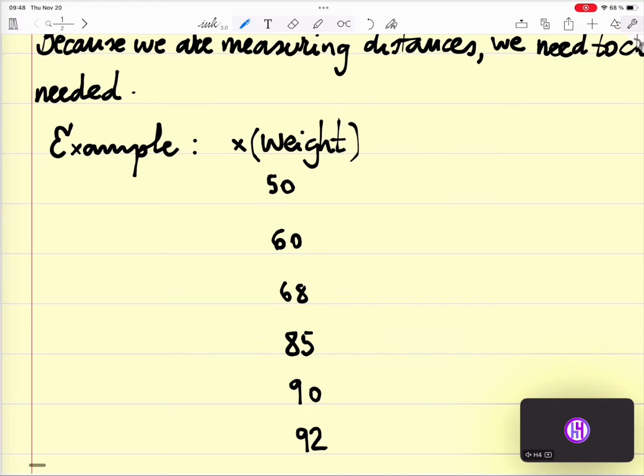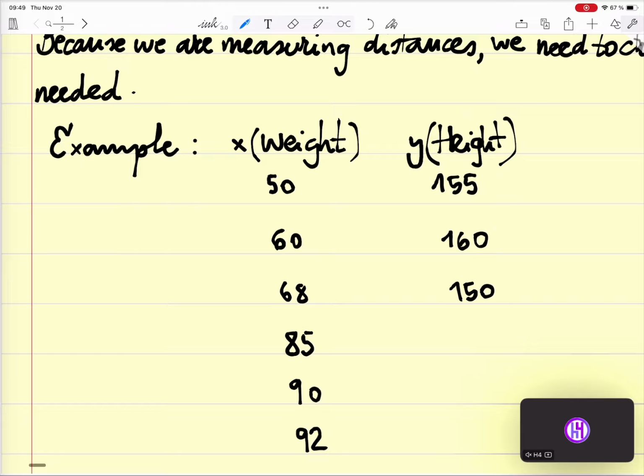And then we also have the height in centimeters: 155, 160, 150, 175, 182 and 192.